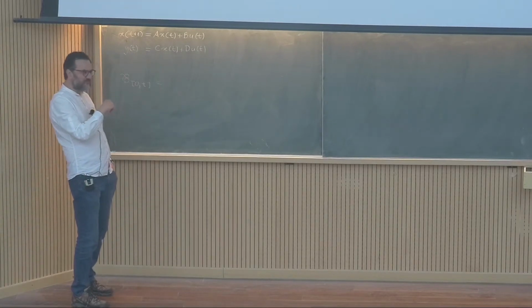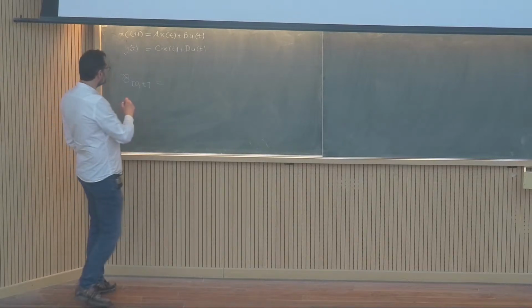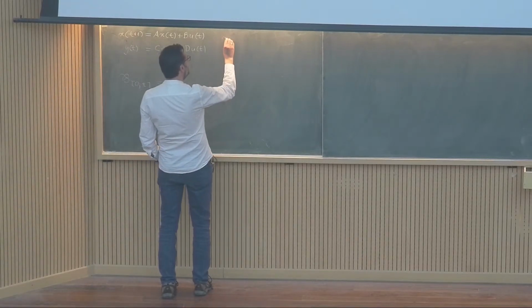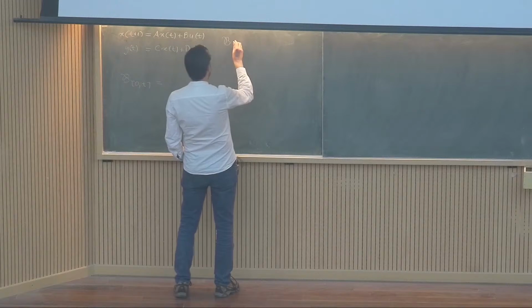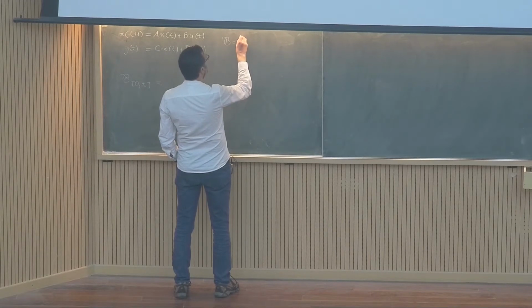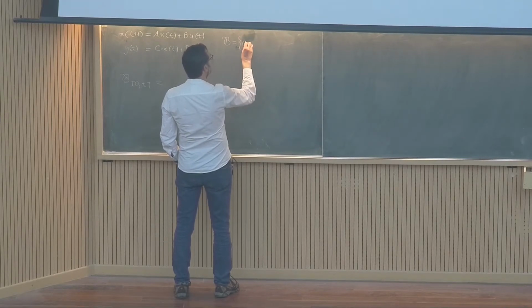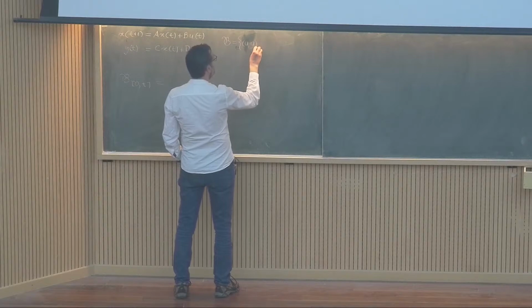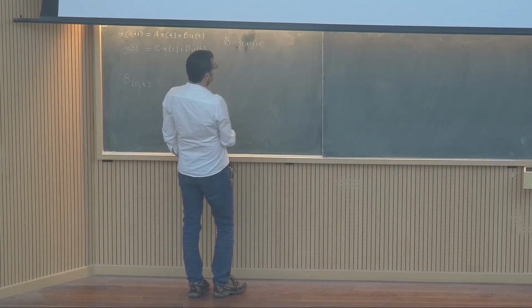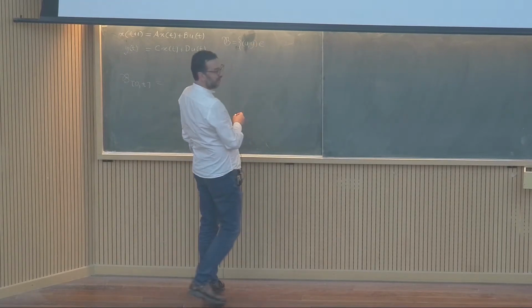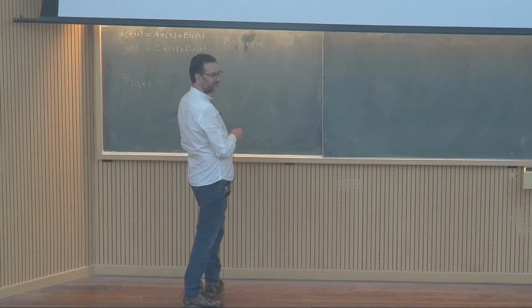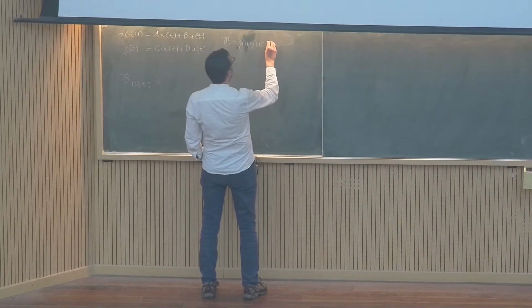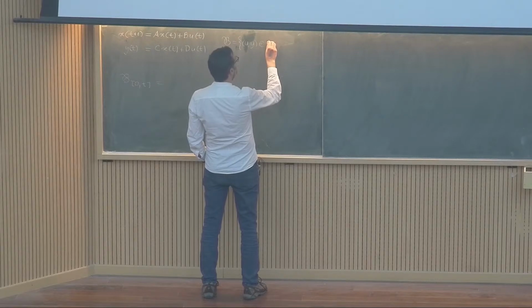Shall I define also B, maybe? Yeah, let's do it. Okay, let's define the B here. These are input-state trajectories. Did you define n to contain 0?